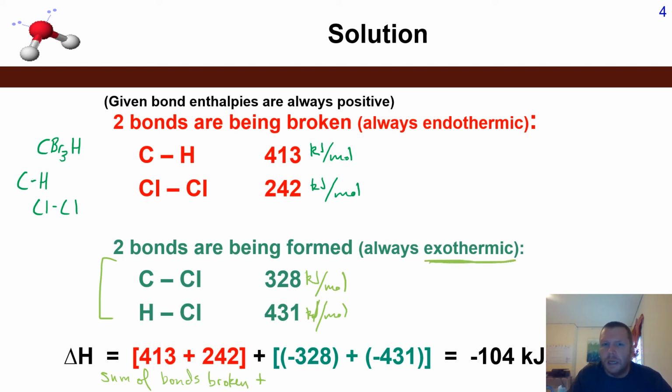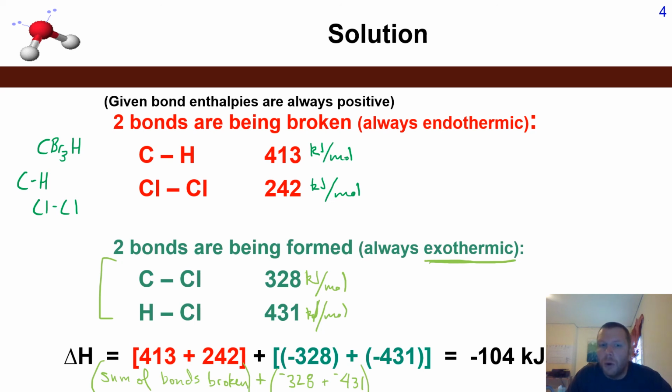We're going to take the positive values for our bonds being broken, our endothermic processes, plus the negative sum of our bonds being formed. So we are forming one CCl bond, so we're going to add negative 328, to the other bond that is formed, that HCl bond, which is negative 431.